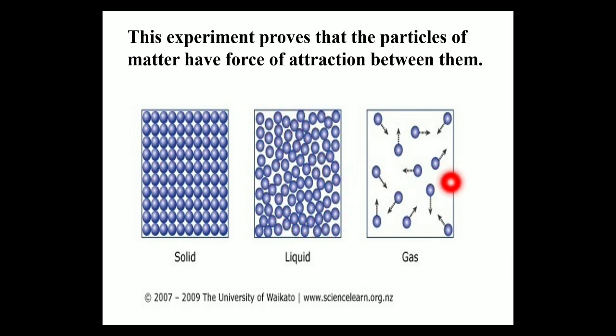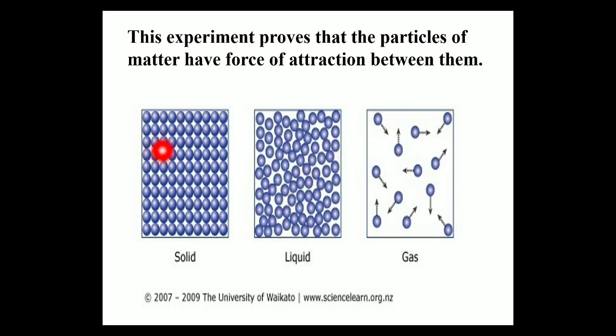In gases, what is happening? The particles of matter are very, very far from each other in gases, right? So the particles, you can see, are freely moving. That is why you are freely able to move your hands in air, in gas, because the force of attraction is very, very less compared to solids and less compared to liquids.